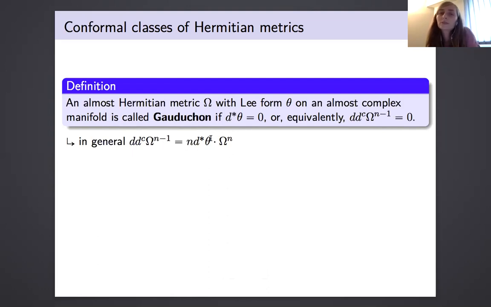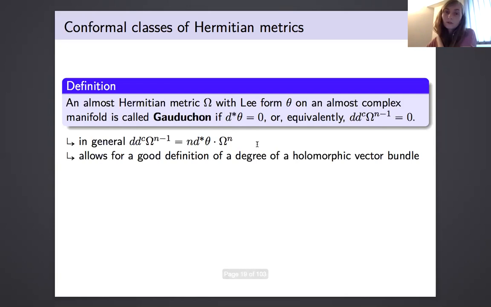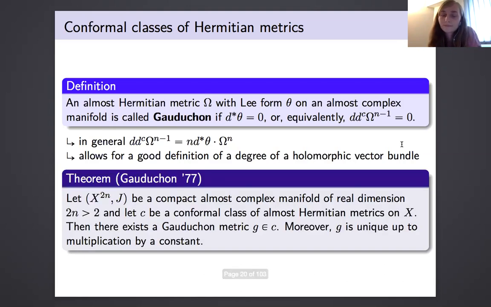the co-differential of theta. And this is in general an important tool, especially because, by this second condition, you can give a good definition of the degree of a holomorphic vector bundle, even in the context of non-Kähler geometry using a Gauduchon metric. And so you can study stability properties of vector bundles.